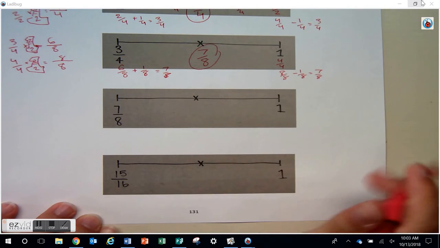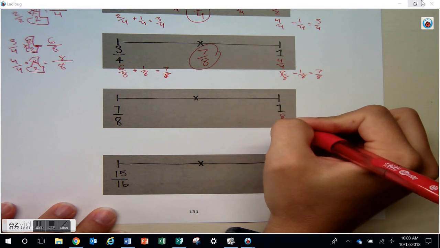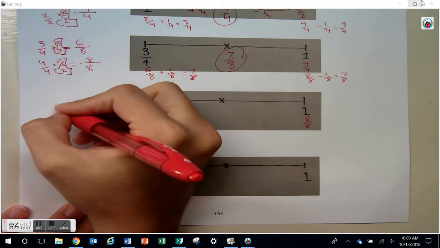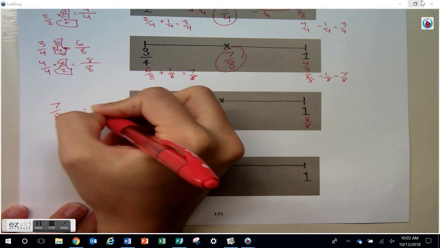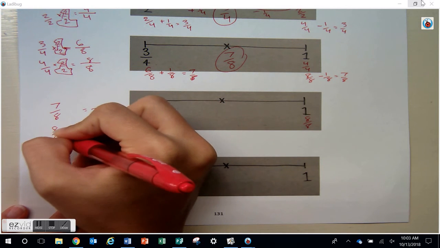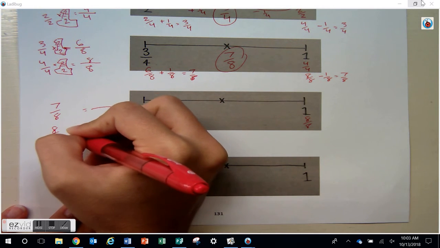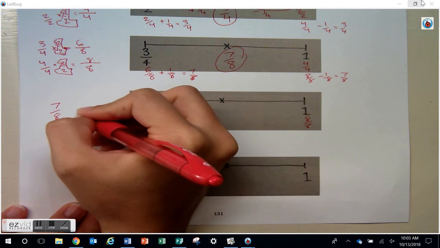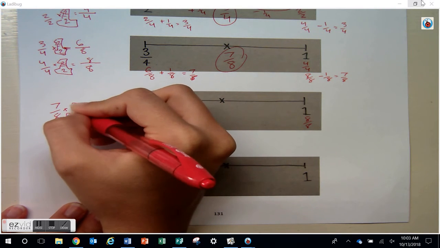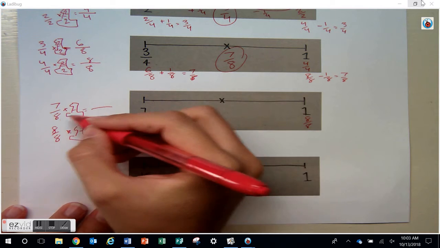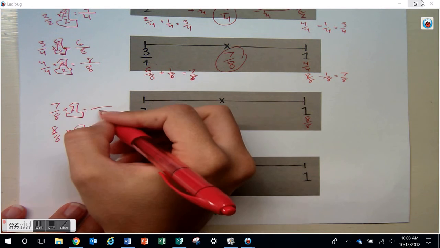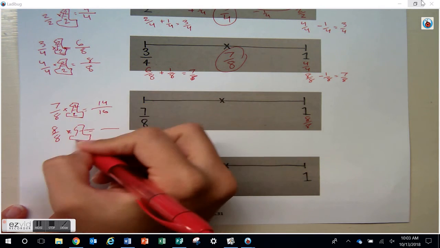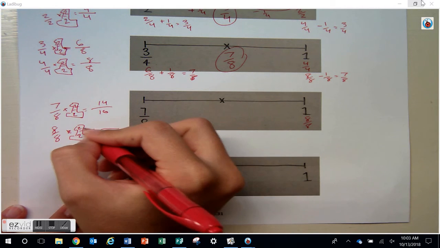So let's make our pieces a little smaller. Okay, so I'm going to multiply 8 times what? Let's do 8 times 2 is 16, 7 times 2 is 14, 8 times 2 is 16, 8 times 2 is 16. Now I have 14 sixteenths and I have 16 sixteenths.